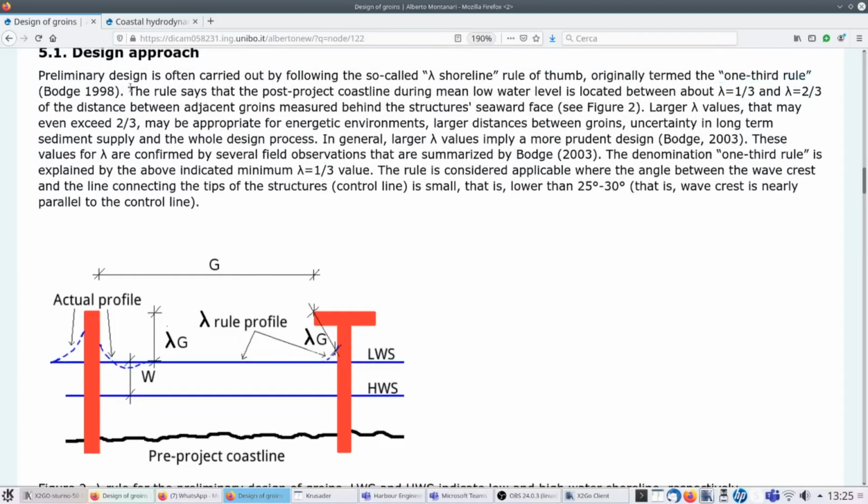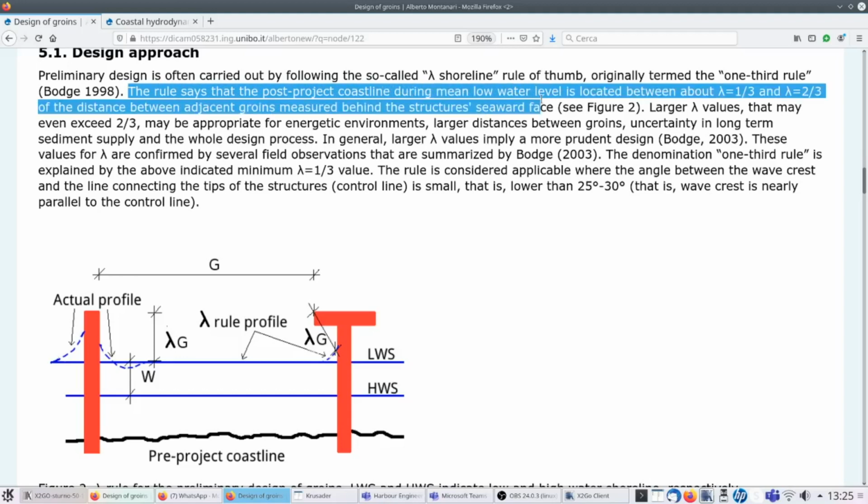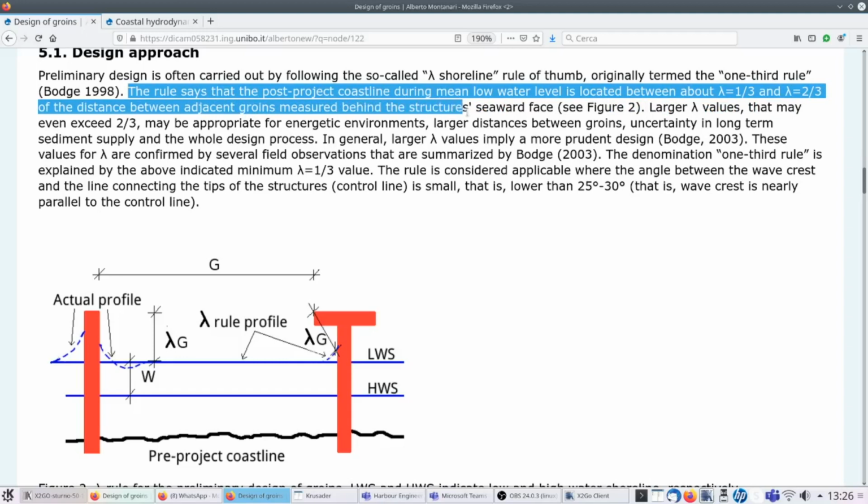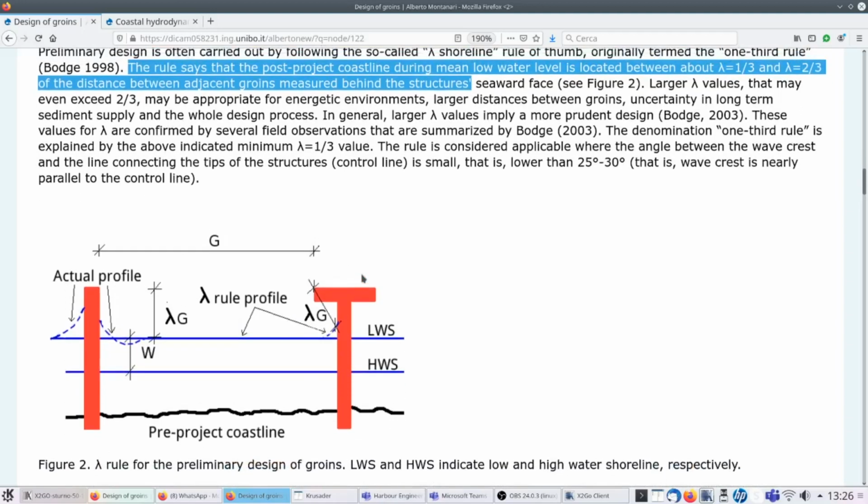It says, I am highlighting the text, that the post-project coastline during mean low water level is located between about lambda equal 1/3 and lambda equal 2/3 of the distance between adjacent groins, measured behind the structure. So the distance here is G. Look at the figure. The distance is G.